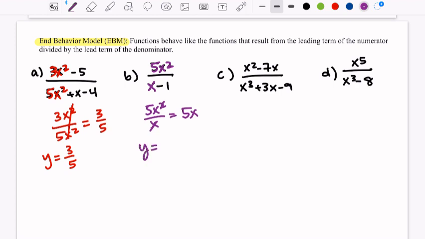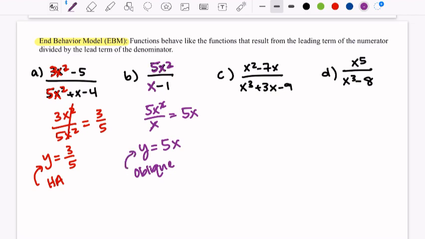So long term, this function is going to look like y equals 5x. This one is not a horizontal asymptote because it has an x with it, so it's going to be an oblique asymptote.